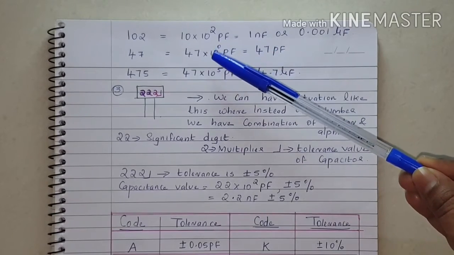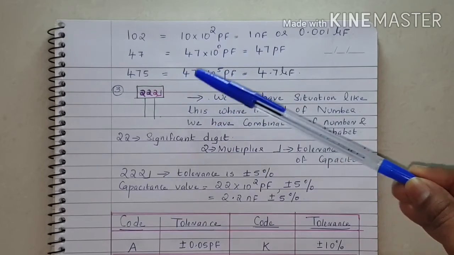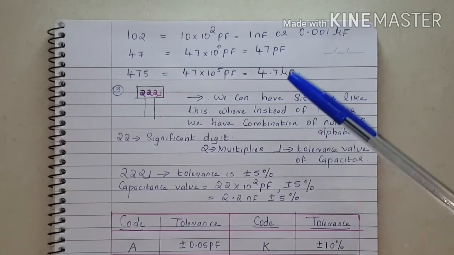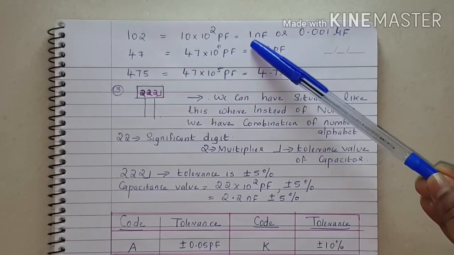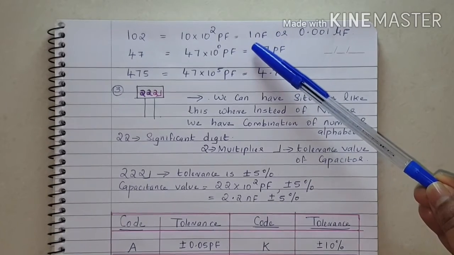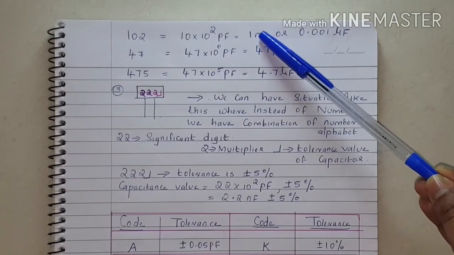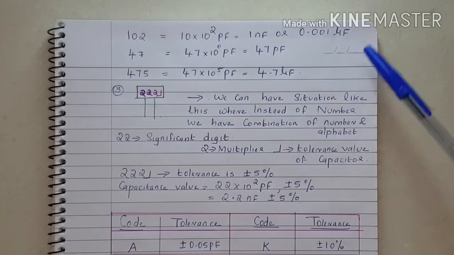So in order to make it 10 raised to minus 9, moving 1 decimal towards the left side, that is 1 nanofarad. In terms of microfarad, micro means 10 raised to minus 6, nano means 10 raised to minus 9. So we can make it in terms of micro by moving 3 decimals towards the left side, 0.001 microfarad.